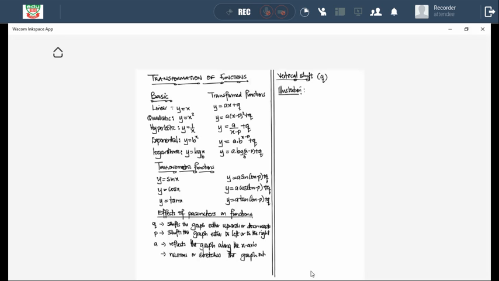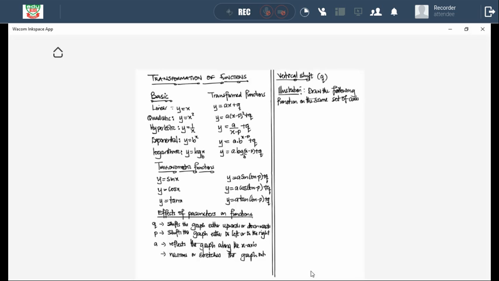I'm going to draw the following functions on the same set of axes.